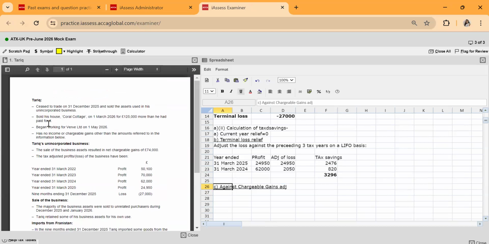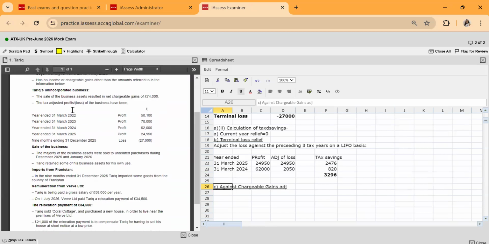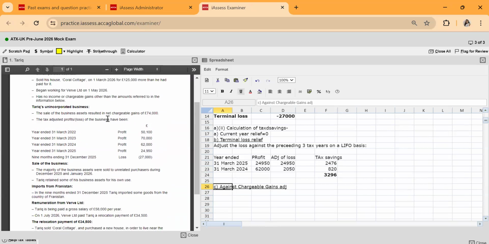It is given that he ceased to trade and sold his house, Coral Cottage, on 1st March 26 for 125,000 more than he paid for. That means the chargeable gain was 125,000. He began working for Verve Limited on 1st May 26. He has no other income or chargeable gains other than the amount referred to in the information below. The sale of the business assets resulted in a net chargeable gain of 74,000.